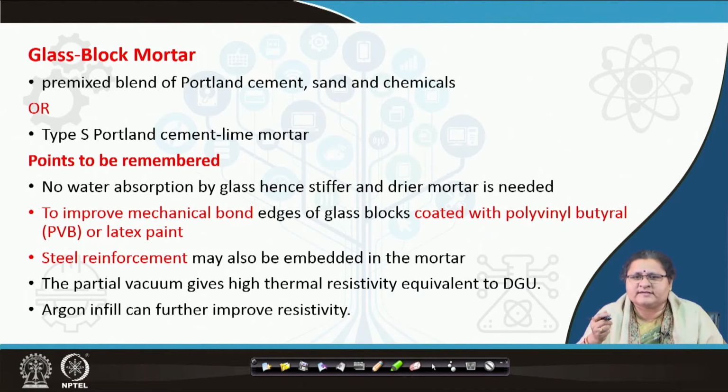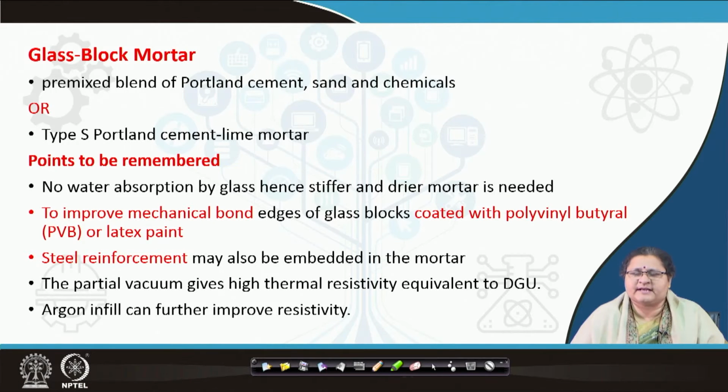These glass blocks, if you recollect from the previous lecture, have partial vacuums inside. It is air inside partially. So, these are very much equivalent to the double glazing unit. It is sealed when the two parts are joined together, it locks in the air and acts as a DGU.